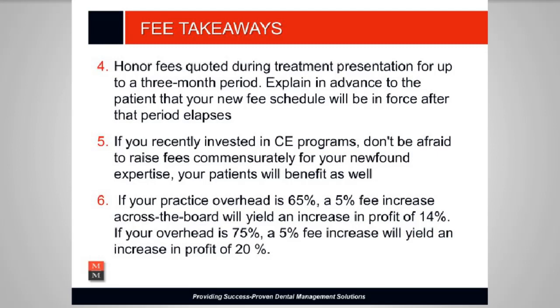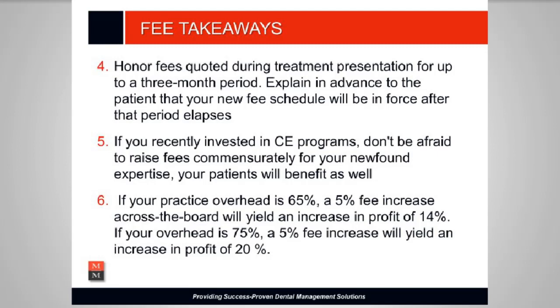And number 6, if your practice overhead is 65%, a 5% fee increase across the board will yield an increase in profit of 14%. And if your overhead is 75%, where a lot of you are, a 5% fee increase will yield an increase in profit of 20%.